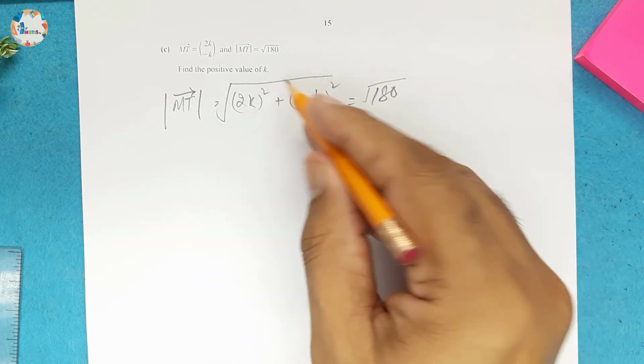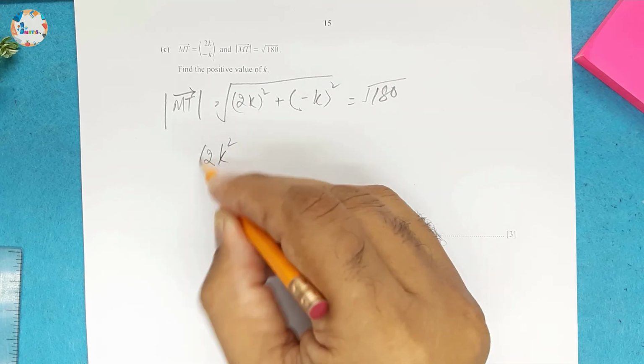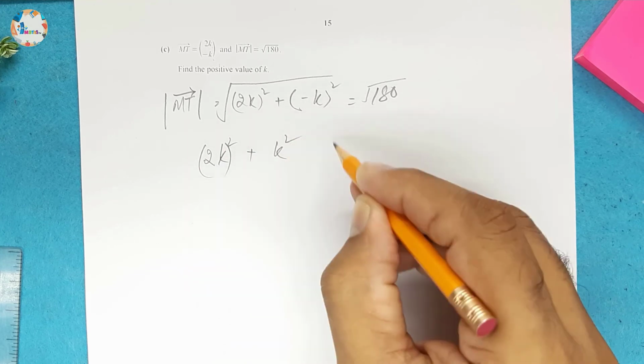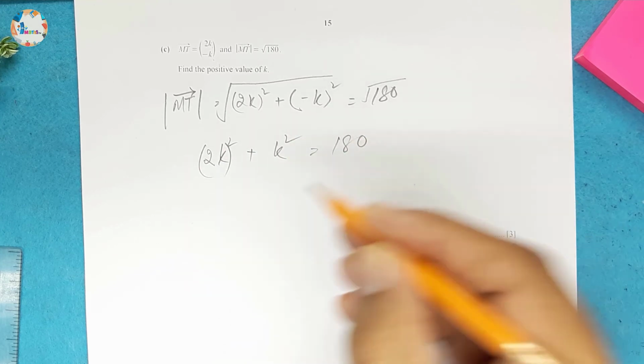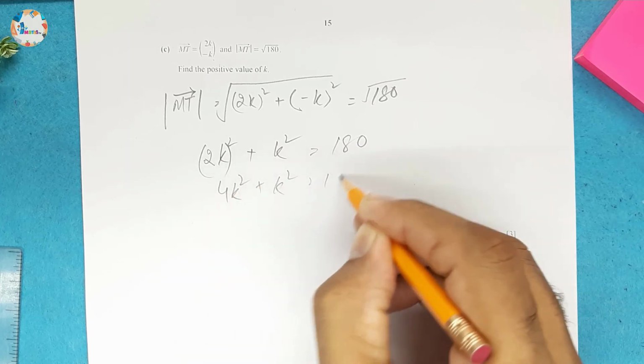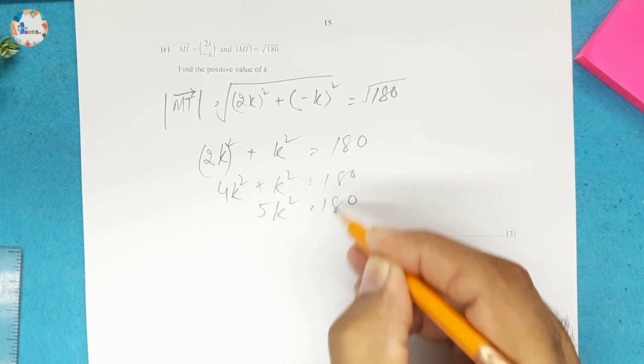So we can cancel roots on both sides. We'll get (2K) squared, it should be in brackets, plus this one, we can directly write K squared is equal to 180. So it means 4K squared plus K squared is equal to 180. This is 5K squared is equal to 180.